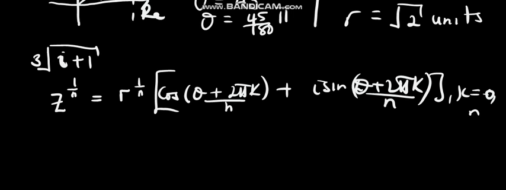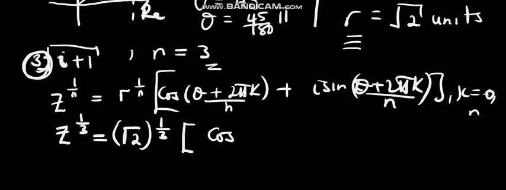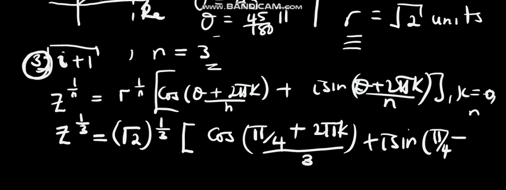Now for this case n is equal to 3, so z^(1/3) is equal to root 2 to the power 1/3, then cos of (pi/4 + 2 pi k)/3, plus i sine of (pi/4 + 2 pi k)/3.